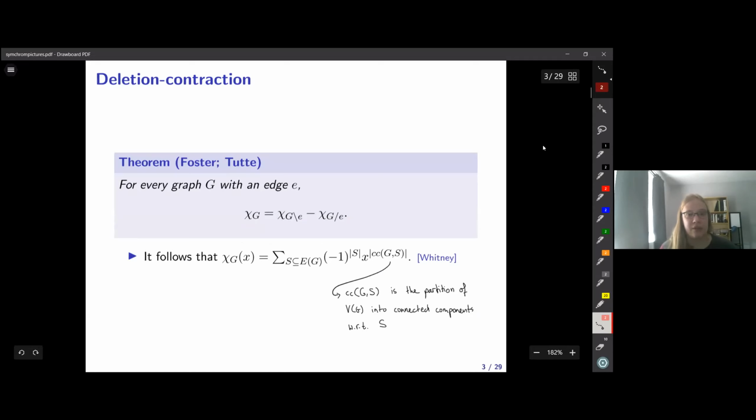This is owing to the fact that if you delete the edge, now you're counting all colorings, but also the two endpoints of the edge could now have gotten the same color. But if you contract the edge, that exactly counts those colorings where the two ends had the same color, so you get rid exactly of the stuff you overcounted in the first place.